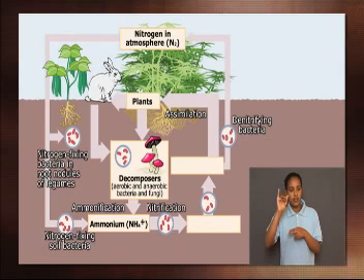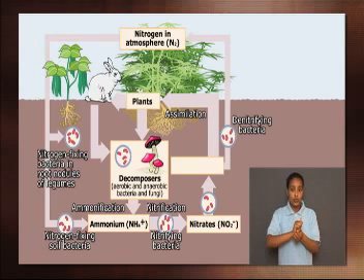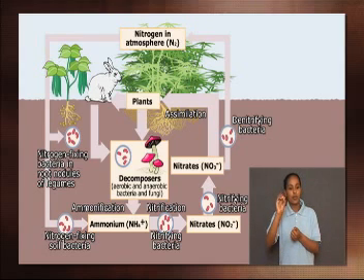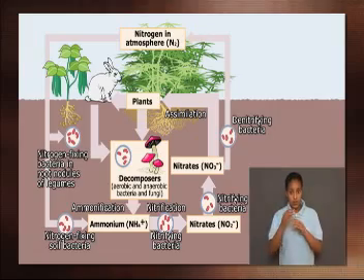This means that the ammonium is again changed by bacteria. This time, it is turned into nitrites and then into nitrates. The nitrites must be changed into nitrates because a buildup of nitrites in the soil can be toxic to plants.